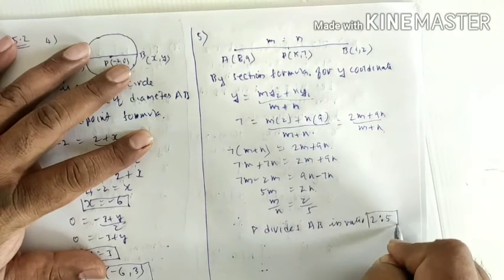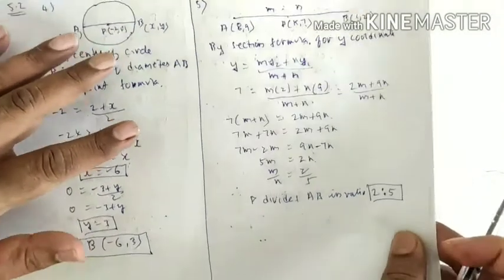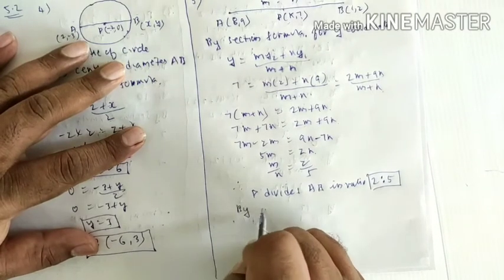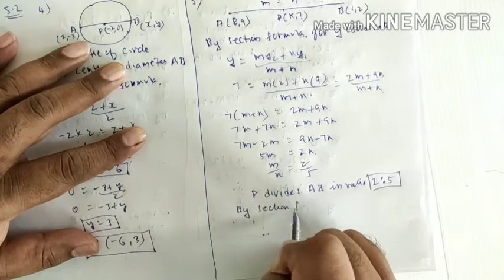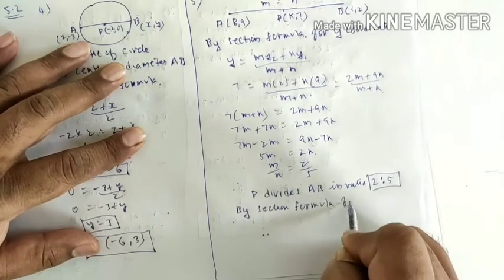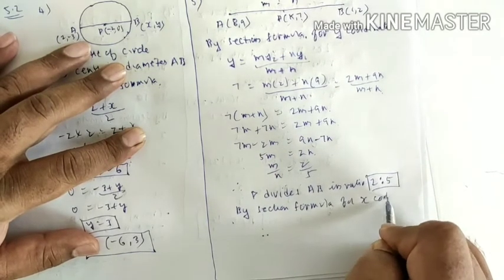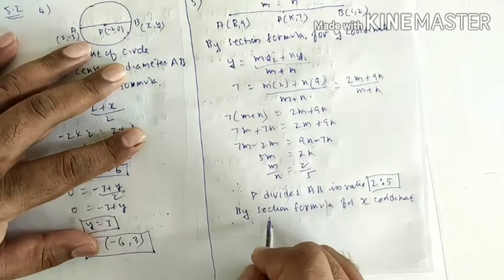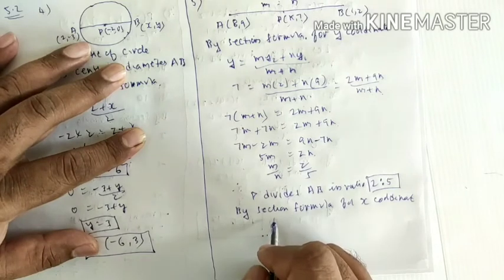Second, we have to find the value of k. Again by section formula for the x coordinate, what is the formula? x is equal to (mx2 plus nx1) upon (m plus n).